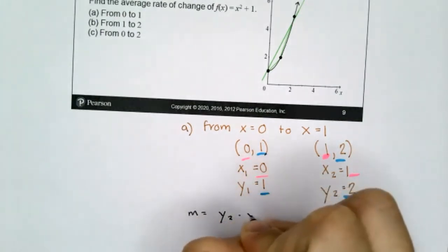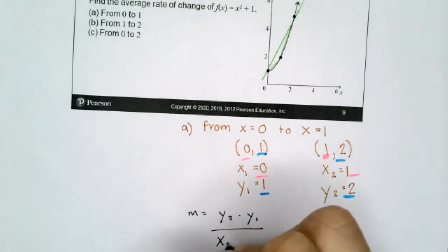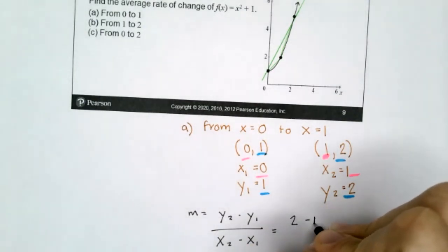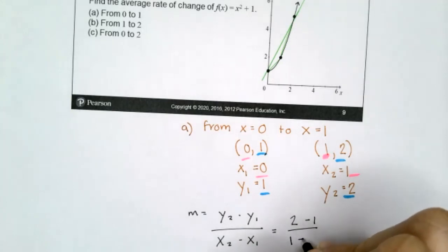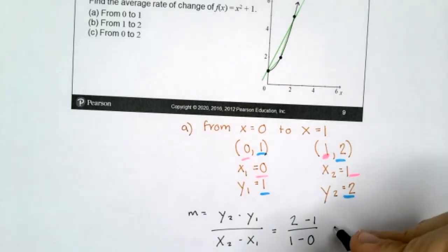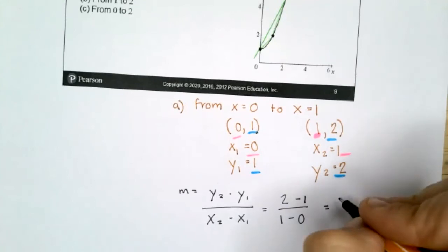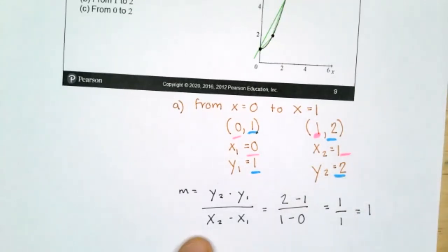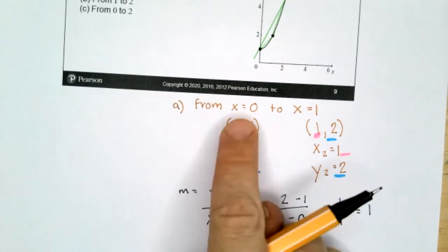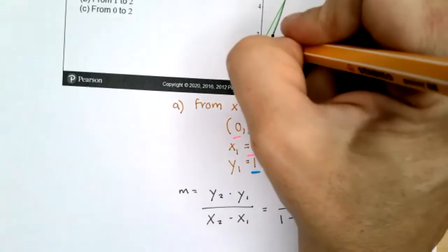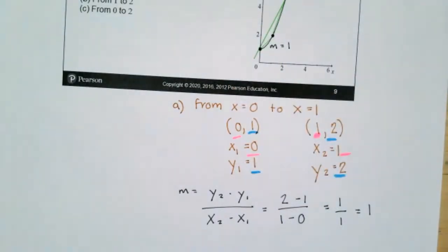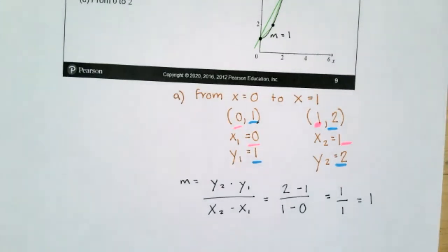Y sub 2 minus y sub 1 over x sub 2 minus x sub 1 is 2 minus 1 over 1 minus 0, right? 2 minus 1 is 1, 1 minus 0 is 1. So we have a slope of 1 between x is 0 and x is 1. This has a slope of 1 when we just draw a line.